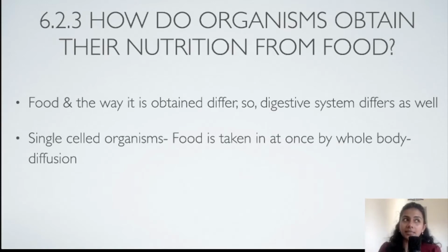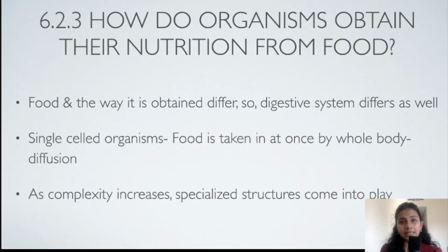This usually occurs through the process of diffusion. As the complexity increases, as we move into multicellular organisms, specialized structures come into play. We have a huge functional digestive system consisting of organs and tissues that are specialized to digest all the different types of food that we consume.